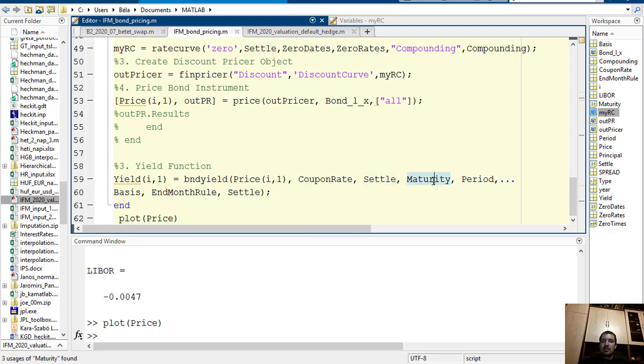Coupon rate, settle date, maturity, period, basis, and months will settle.